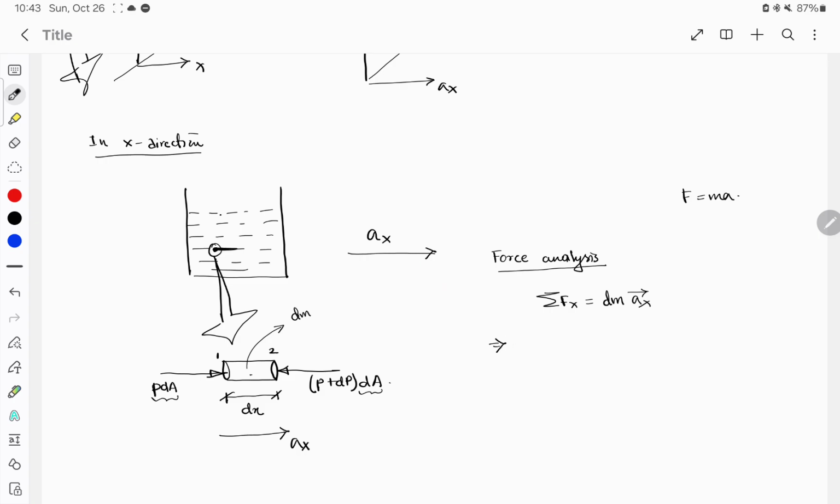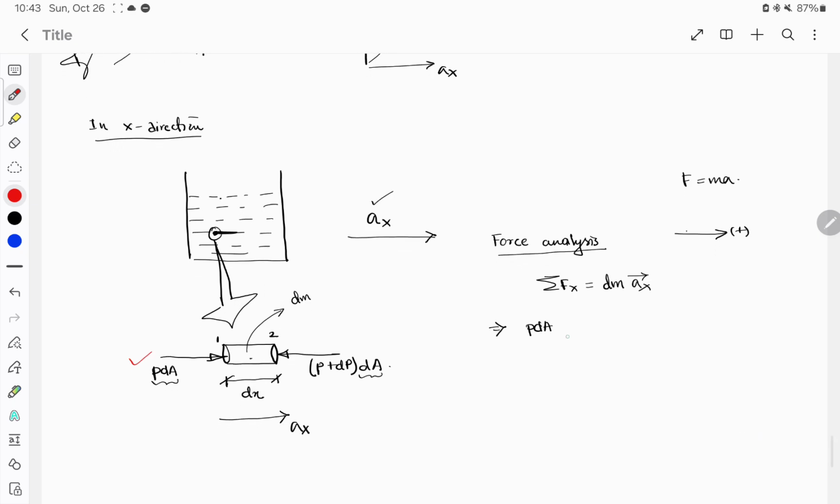Since acceleration is in this direction, this will be considered positive. So P into dA is the force in the x direction, then the minus sign is because it's in the opposite direction, so P into dA minus P plus dP into dA equals dm into ax.